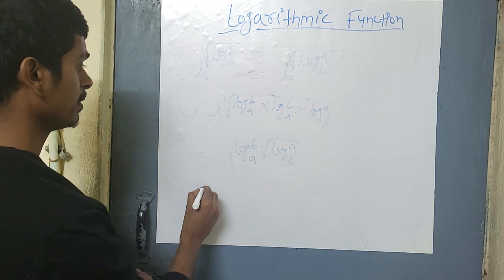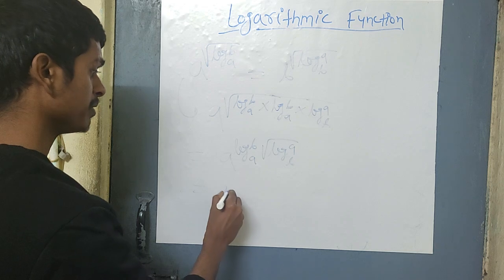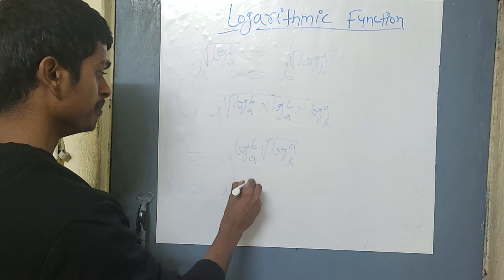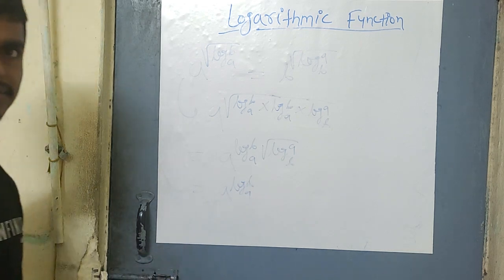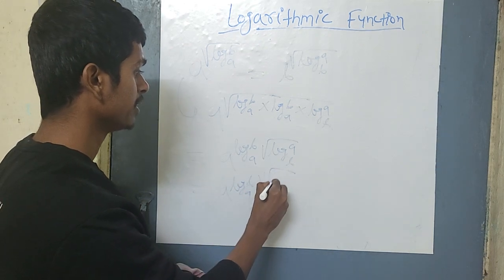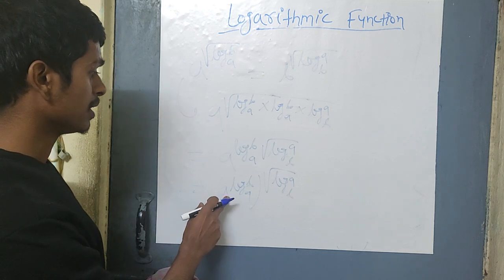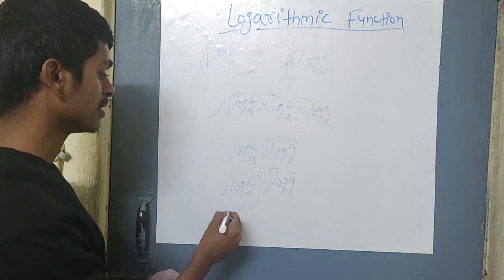Similarly, we can write this as a to the power log b with base a, to the power root under log a with base b. Now this and this will cancel out.